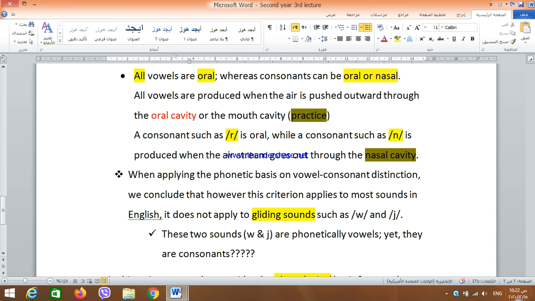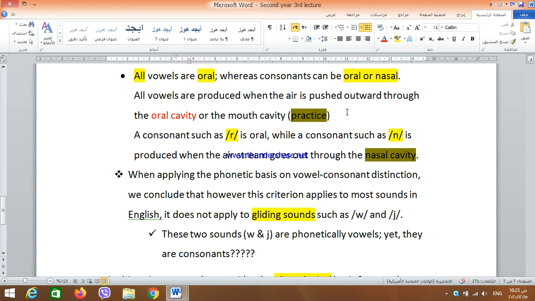Now, another thing is that all vowels are oral, whereas consonants can be oral or nasal. This means that all vowels are produced when the air is pushed outward through the oral cavity or the mouth cavity. We don't have a case of a vowel in English in which the air goes out through the nose or the nasal cavity.